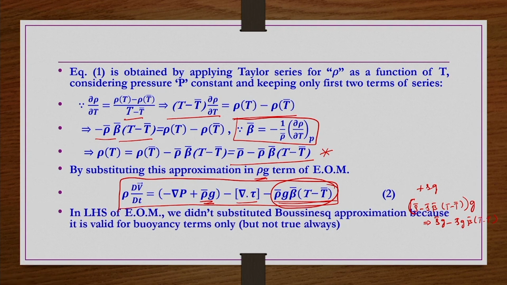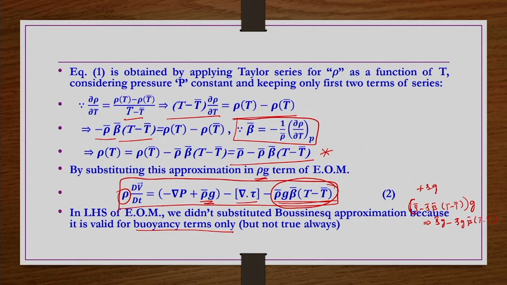In the left hand side of this equation, in place of rho we are not writing this Boussinesq approximation, because it is valid for body force terms only. However, in some cases like very high flow rates, such as supersonic flows, if the density varies with respect to temperature, then in the left hand side also we have to apply such an approximation.